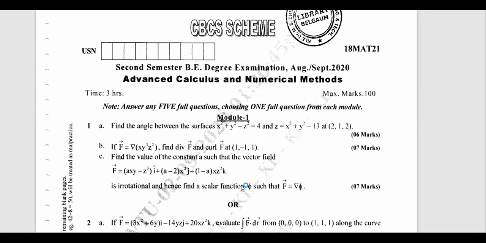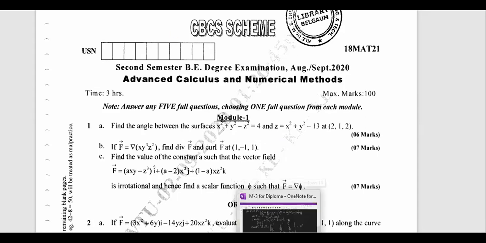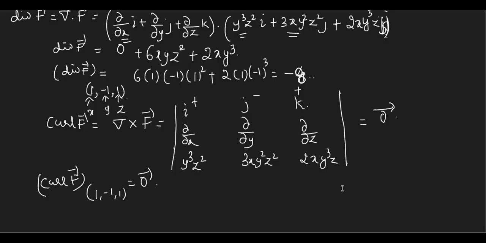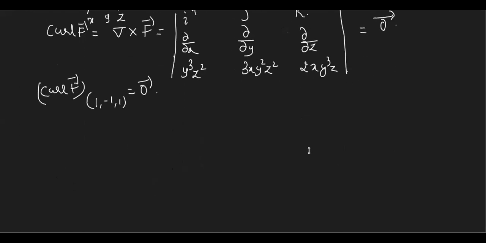Okay. Shall we solve it? Write the question. Yeah. You remember the concept of angle between the surfaces? What is the result? What we calculated?